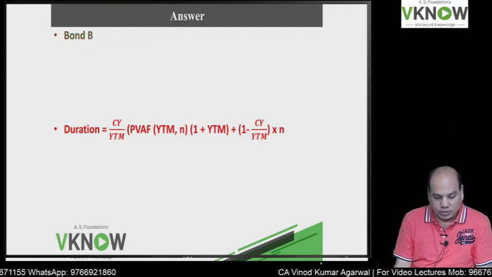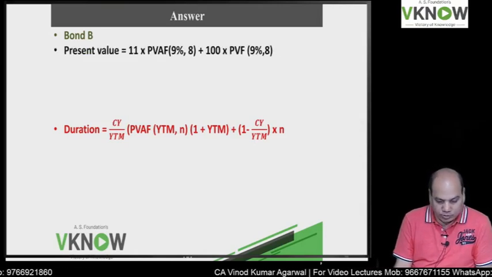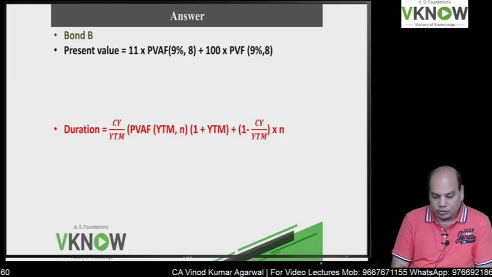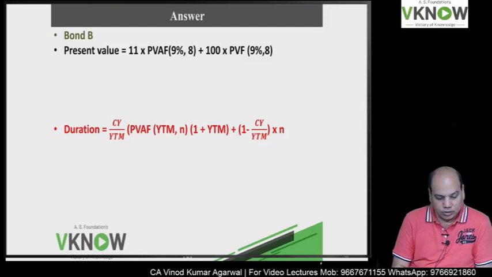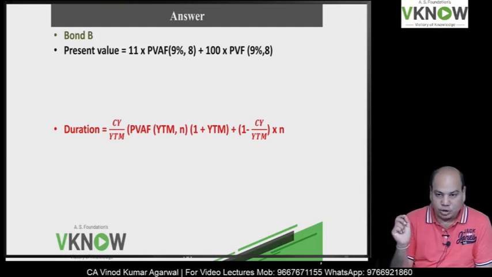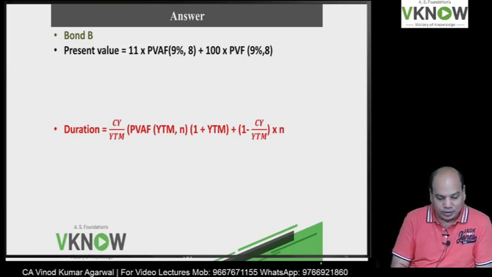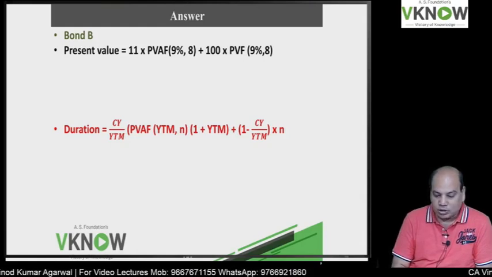Okay, now you write down bond B. Bond B, same process will follow. In bond B, write down next line bond B, present value is equal to, now here the coupon rate is 11%. So 11% of 100 will be 11. 11 into PV annuity factor bracket 9% comma 8 years.